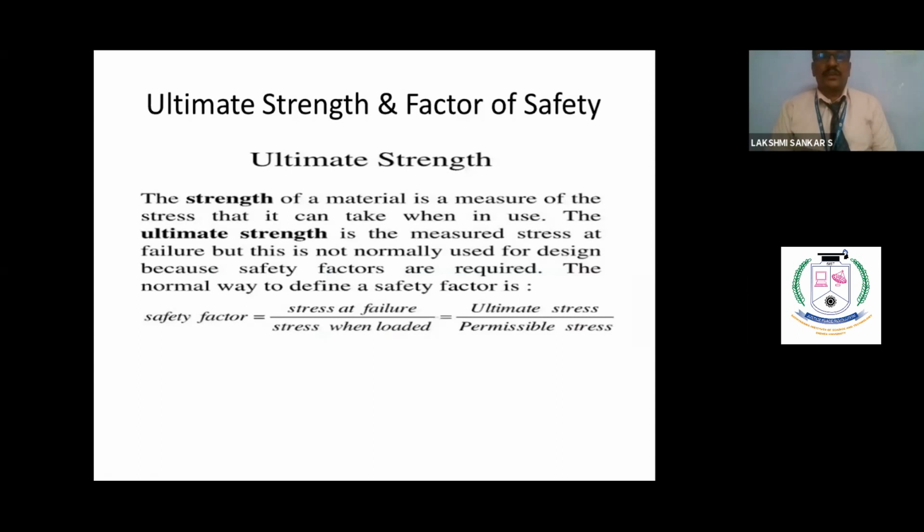The ultimate stress is nothing but your ultimate strength. And the factor of safety is ultimate stress divided by working stress. It is a number which should be more than 1 for any practical application, for a meaningful life of the system, right?